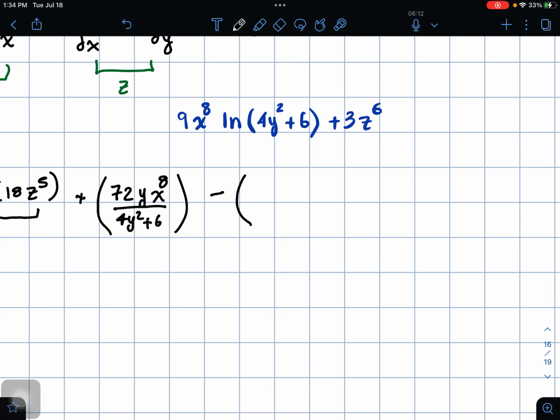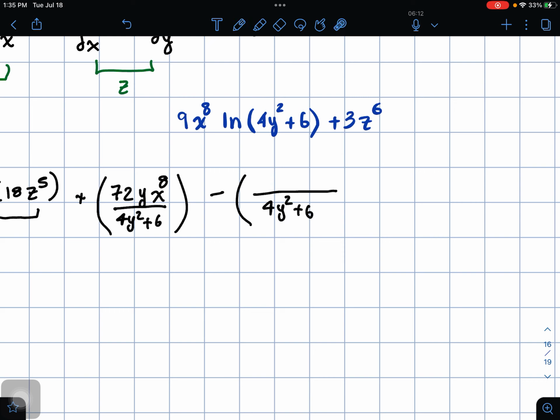This one, I always forget this, but basically if you differentiate it, it's like ln x is 1 over x. So this thing is technically like an x, so this just goes to the denominator. But you also have to multiply by the derivative of the inside. So basically you have, again, the denominator, y squared plus 6.